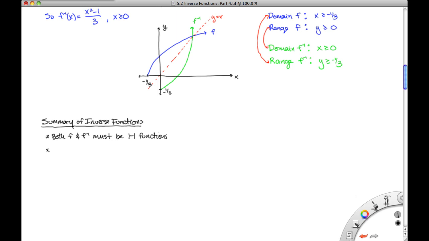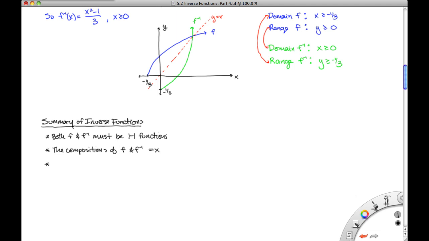We also picked up when we first looked at this that the compositions of f and f inverse equal x, so they undo each other.